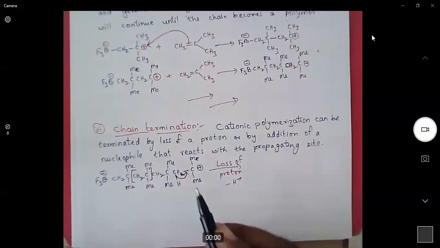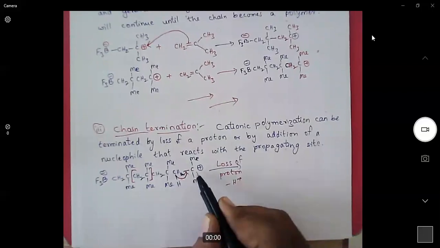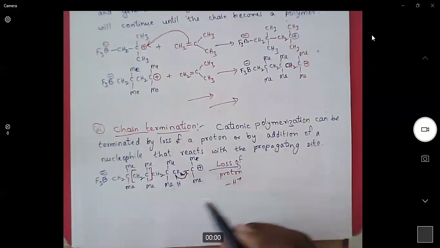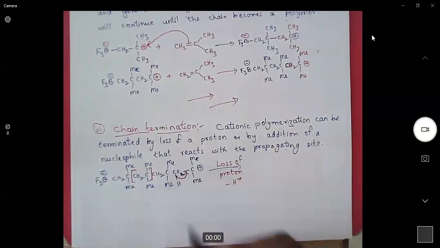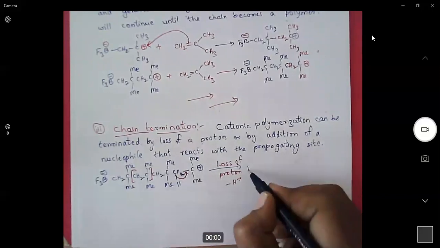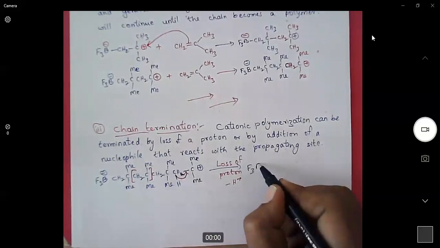Now, when we remove a proton next to the carbocation center, the proton leaves without electrons. So the electrons in the carbon-hydrogen bond now will polarize towards the carbocation so that it generates a double bond.